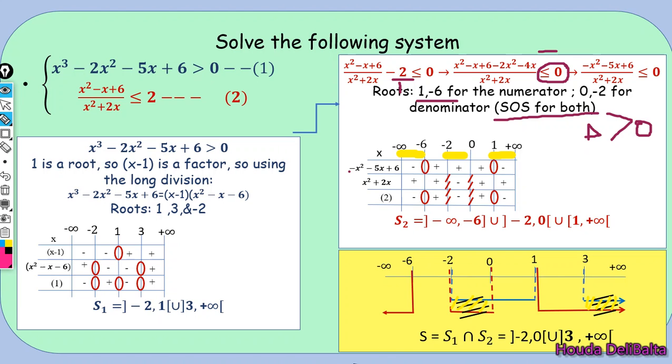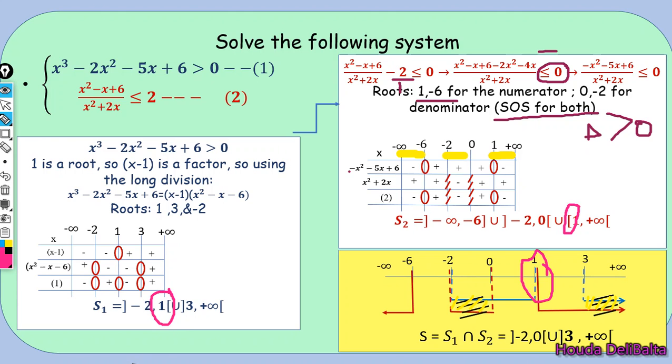Some may ask me, why didn't you take 1? There's an intersection at 1 here. I didn't take 1 because one of the solutions includes 1 and the other one doesn't. This solution includes 1, it's closed at 1, while this solution is open at 1.